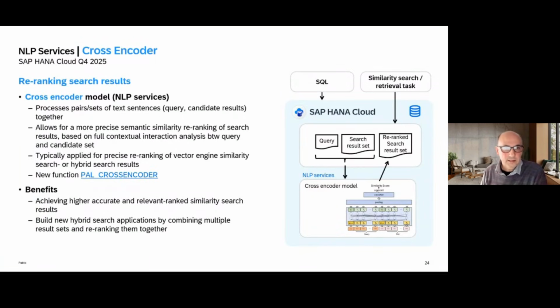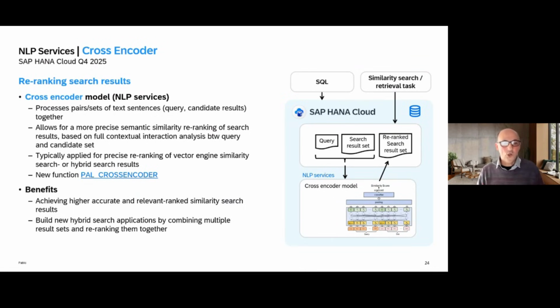But really our release highlight is the cross-encoder model, basically a peer model to our text embedding model, as it allows processing pairs or sets of text like the query statement and result sets from a vector similarity search. The query and the search result set are passed into the cross-encoder model and pre-processed together.